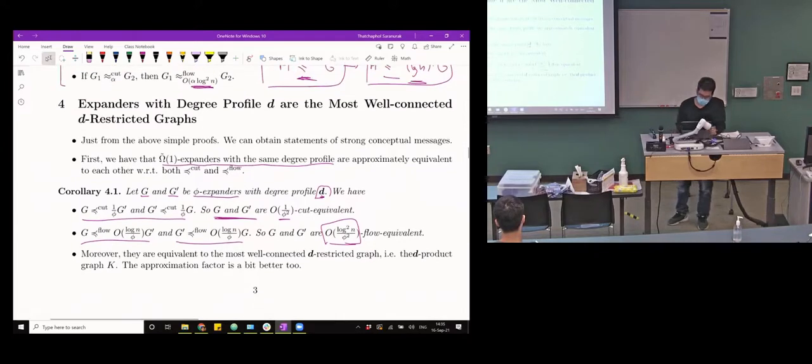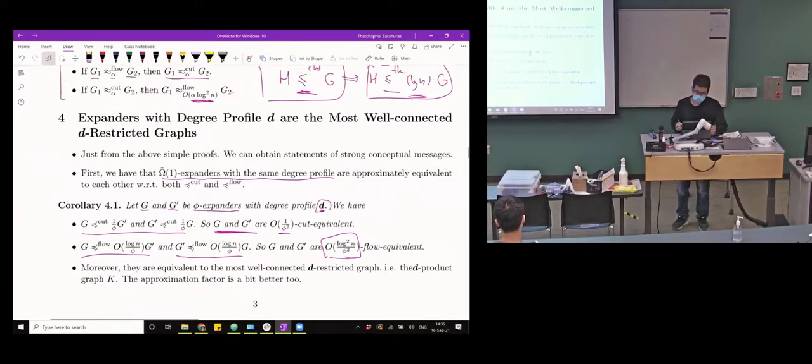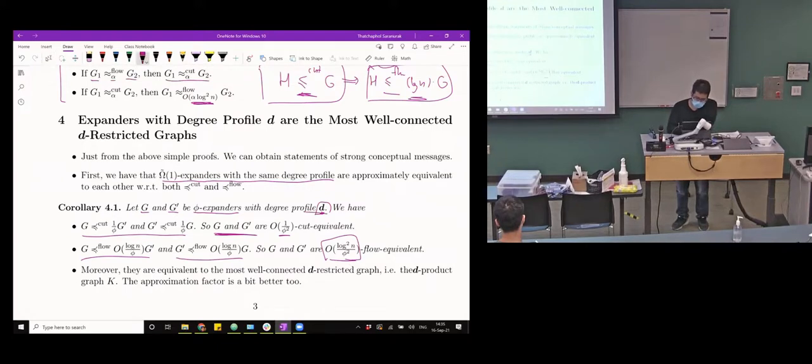Note, by the way, that I don't really need them to have exactly the same degree profile, right? If the degree profiles are similar within some factor, I'm just going to lose that factor here or there. So it's a kind of robust statement.